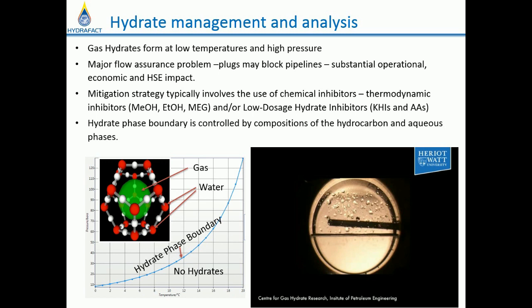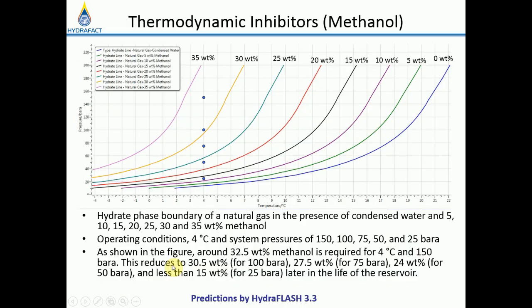In general, the composition of the hydrocarbon phase is constant. It doesn't change so much. However, the composition of the aqueous phase can be changed by injection of thermodynamic inhibitors or compounds that can dissolve in the aqueous phase. This is the technique that industry uses for controlling hydrate formation.